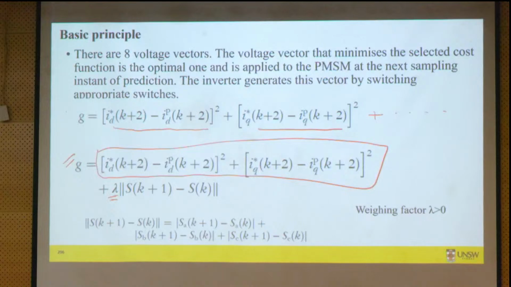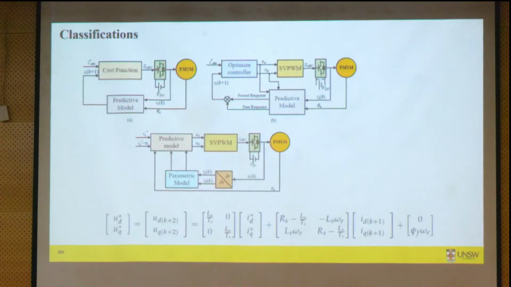Next, another problem with this. When we use a cost function, you are applying discretized space vectors, similar to DTC. So you could have the same problem as DTC, high torque ripple.